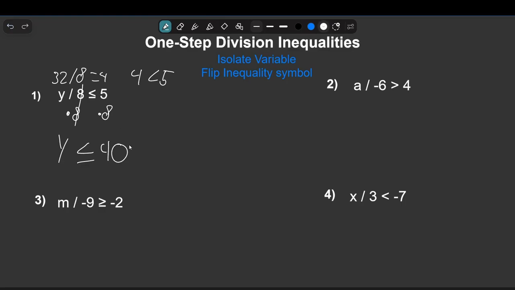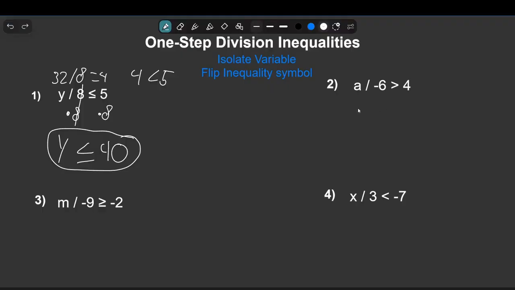So this means we have the correct answer. Also, if it was 5 instead of 4, it would also be correct, because our answer has to be less than or equal to 5.